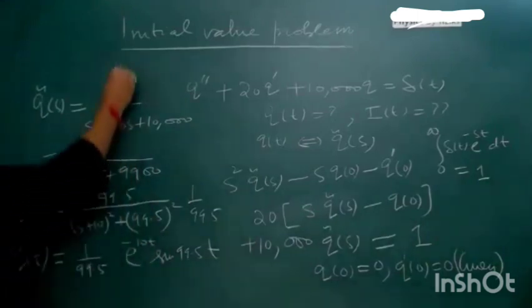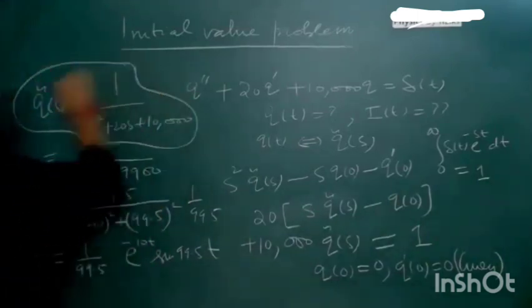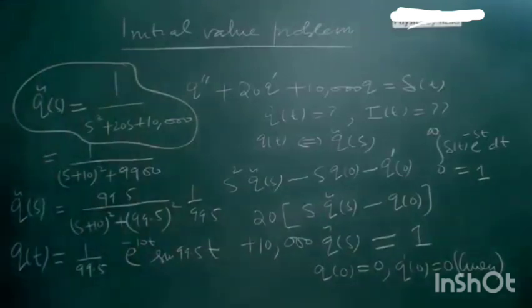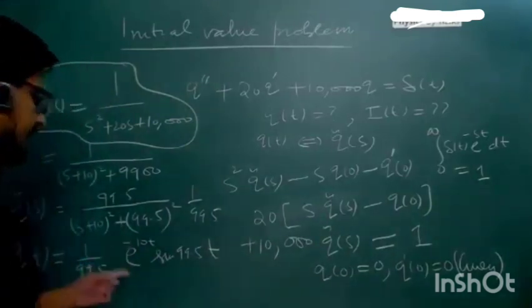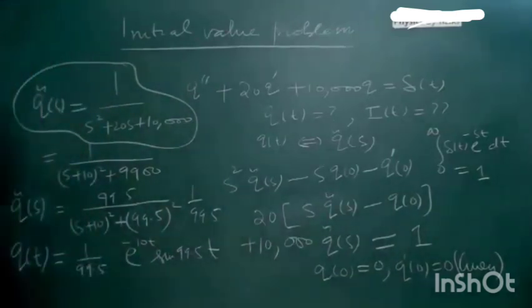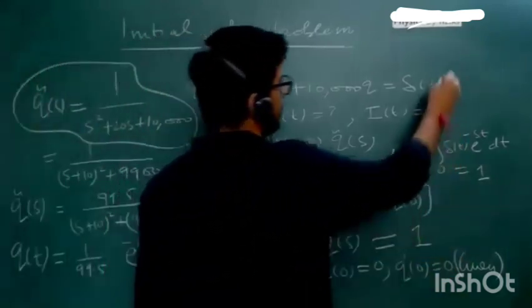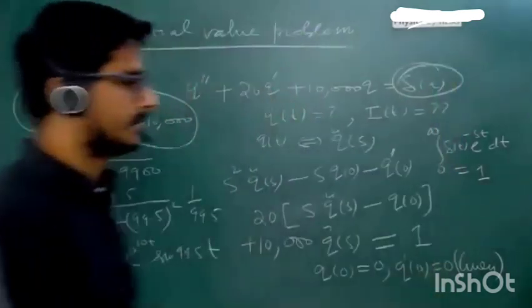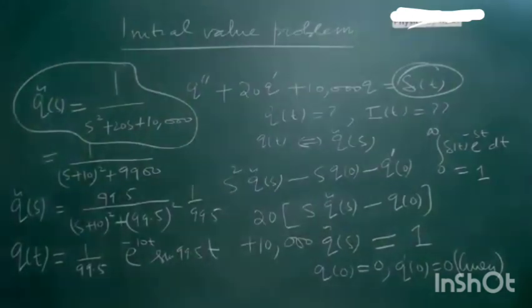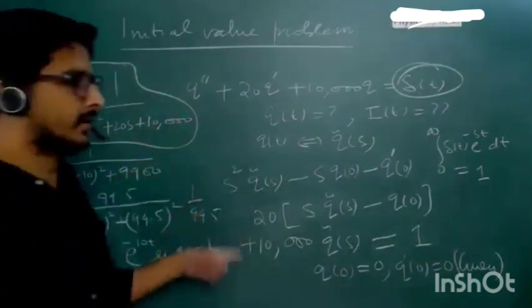So this may itself be a question: what is Q of s, what is the Laplace in this case? And then the solution, because the right side is a delta function, you can't solve it by the normal method. Please ask if there is any doubt at any step.